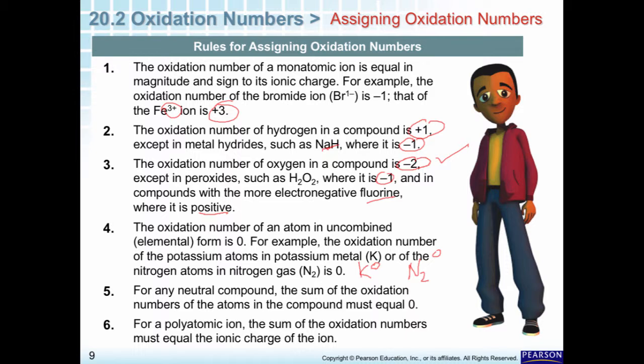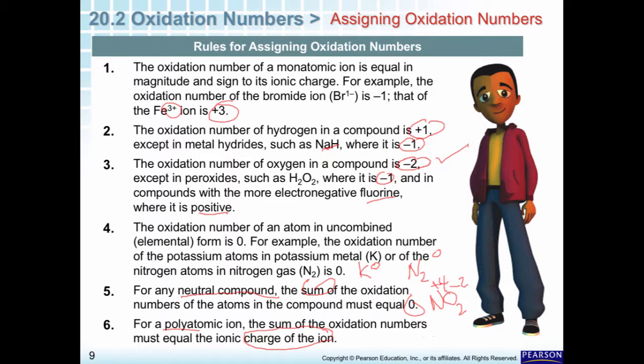Okay, for a neutral compound, the sum of the oxidation numbers equals 0. And for polyatomic ions, the sum of the oxidation numbers equals the charge of the ion. So for instance, if I have NO2, this is -2, so that's -4, and this is +4.